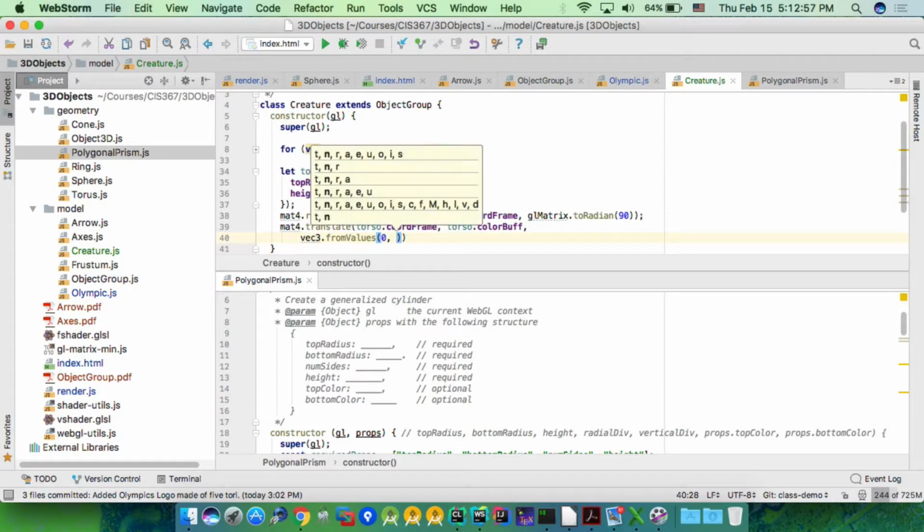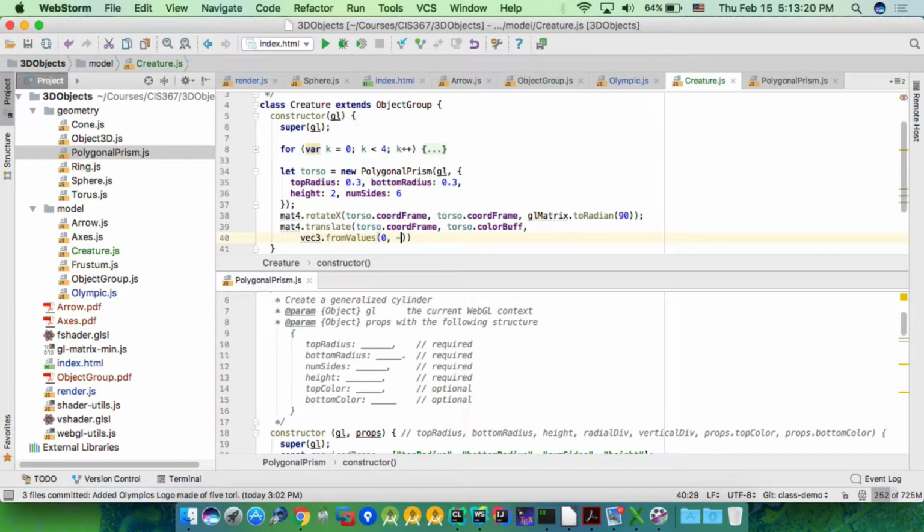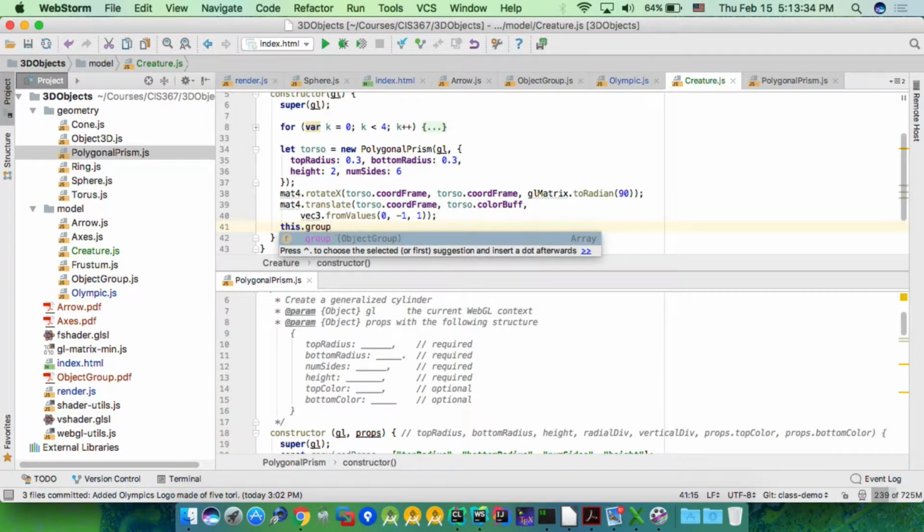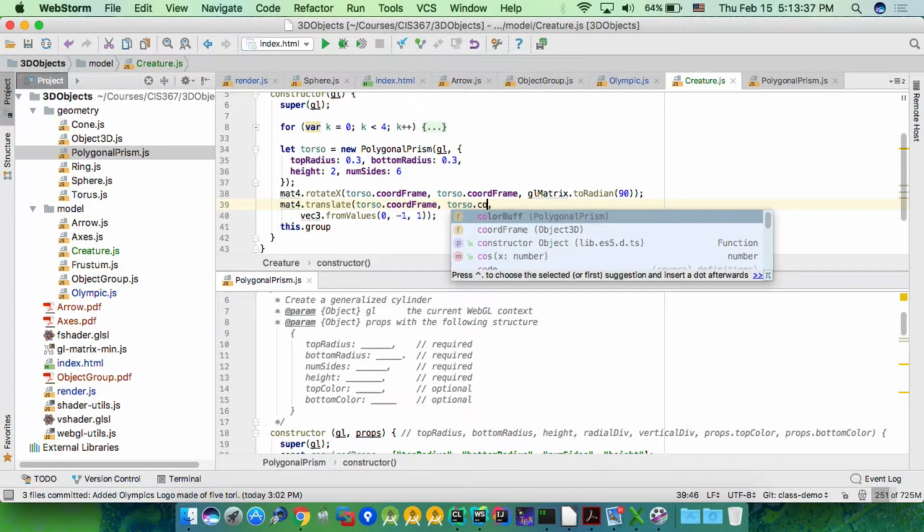So no translation in the X direction. And what will be the amount? One and then the height of the legs. So half of the height, right? Yeah. So 1 along the Y, okay? Minus 1 along Y, and then 1 along Z? Okay, let's see. And then I need to add my coordinate frame.